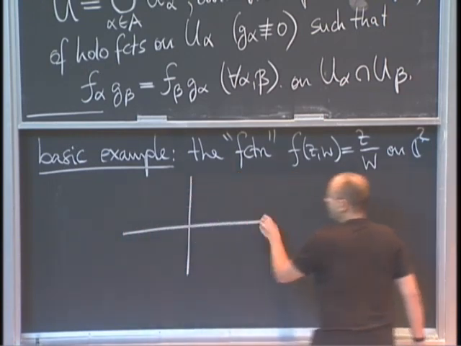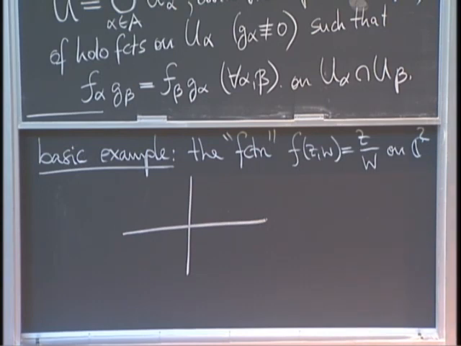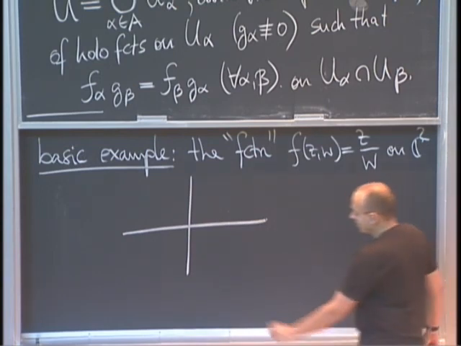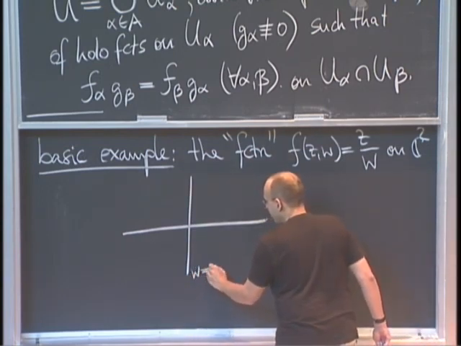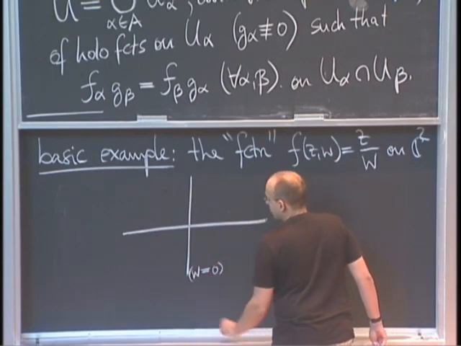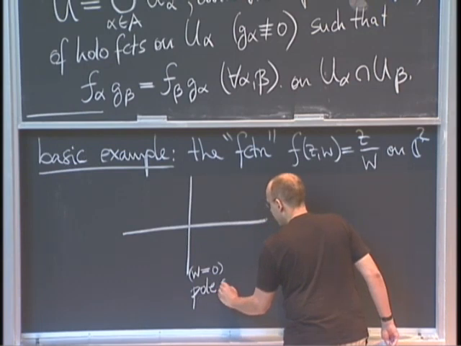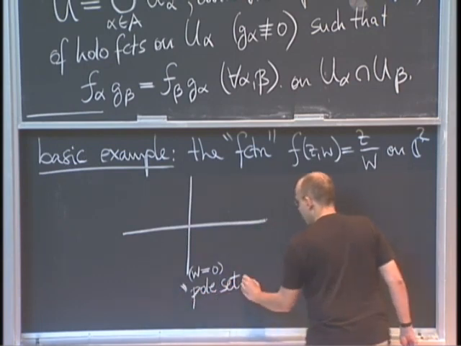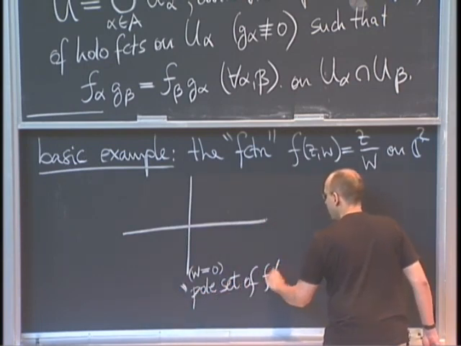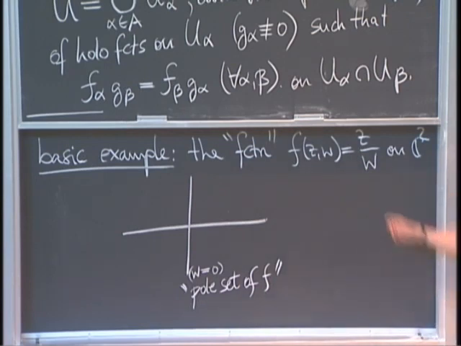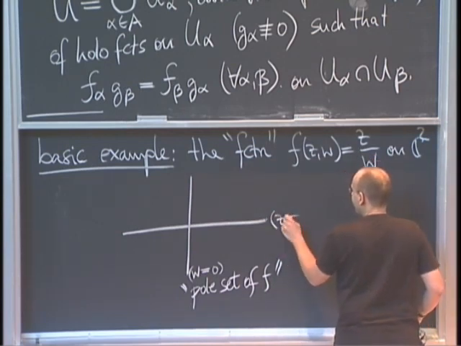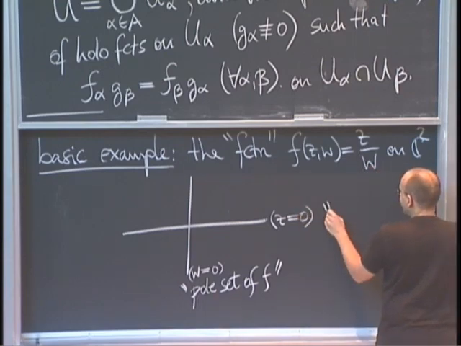You have the complex coordinate axes in C^2. This is w equal to 0, which is what you would call the pole set of f, since you're dividing by 0. And here you have z equal to 0, which is the zero set of f.